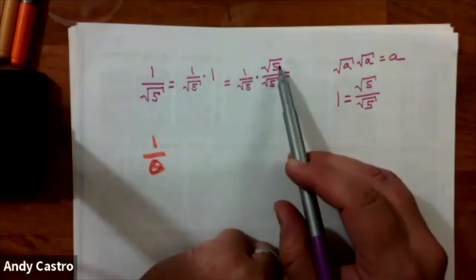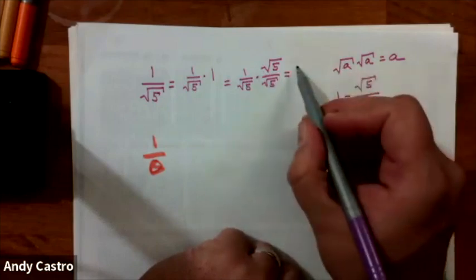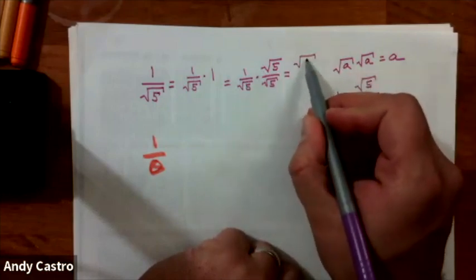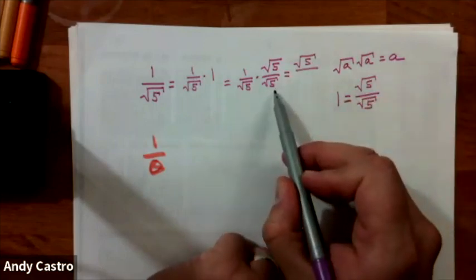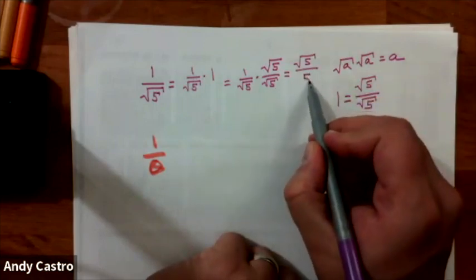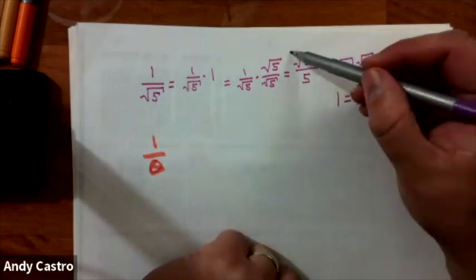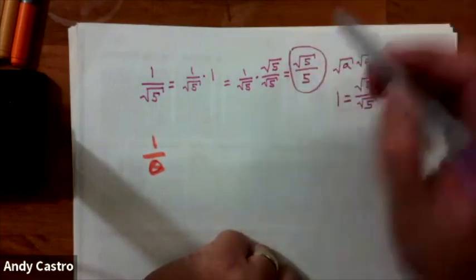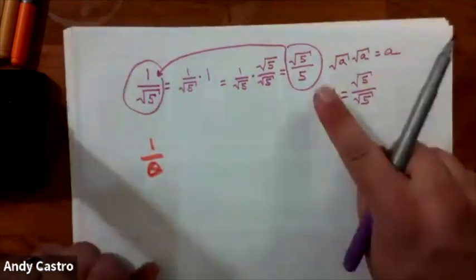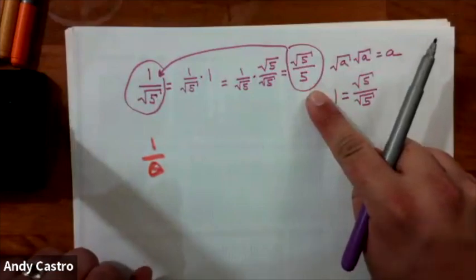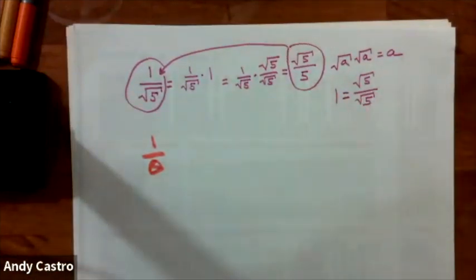So we multiply across the top. 1 times the square root of 5 is the square root of 5. Square root of 5 times the square root of 5 is 5. So now, square root of 5 over 5, that's the same thing as 1 over the square root of 5, but this is in the correct nomenclature because there's no radical in the denominator. There's no square root sign in the denominator. Okay?